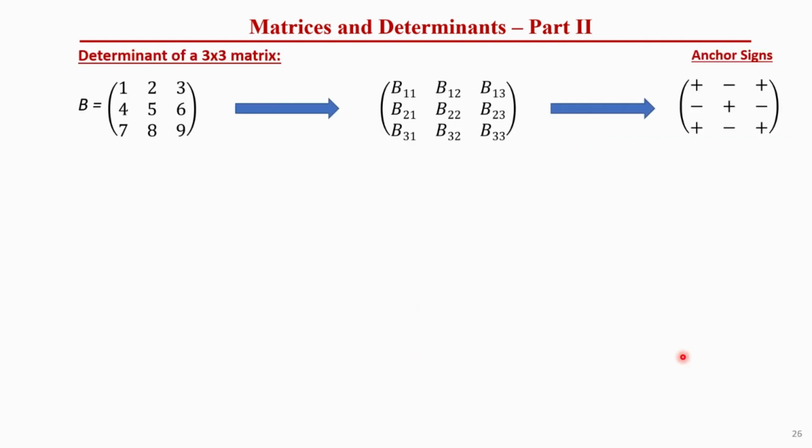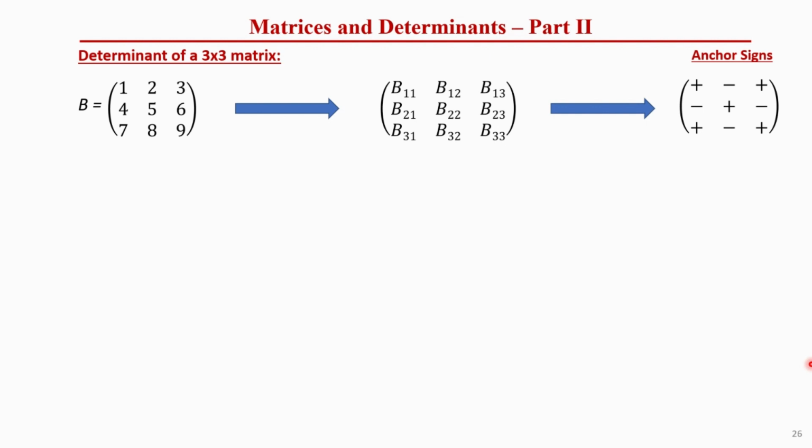Okay, now let's try to find the determinant of a 3 by 3 matrix. For any matrix, we have elements in them, right? And for elements in a matrix, we can assign signs for each element relative to their position, which are basically called the anchor signs.